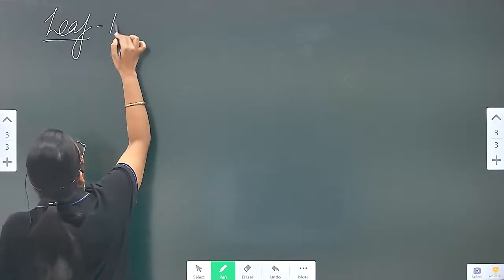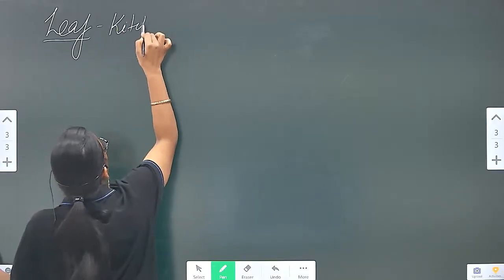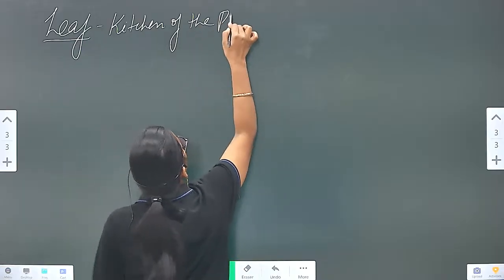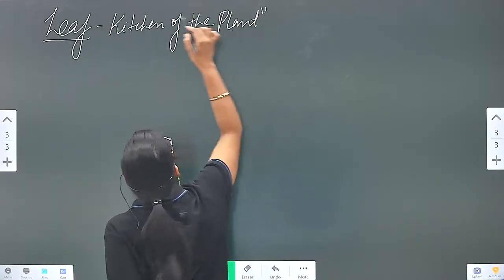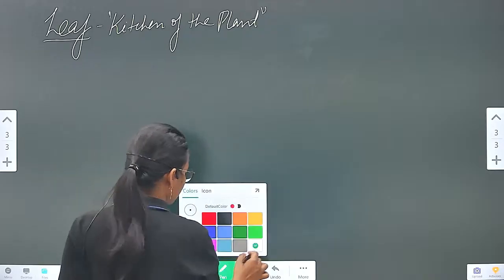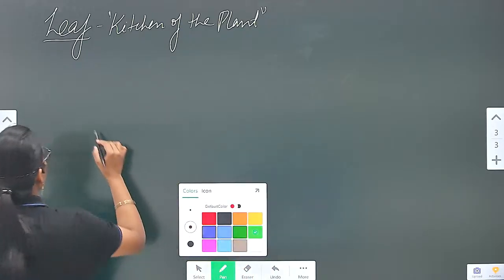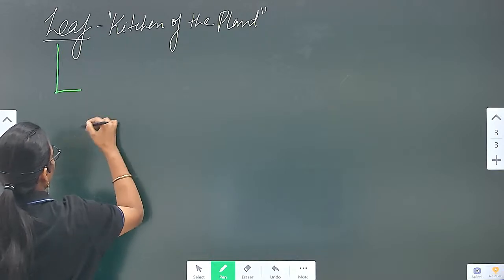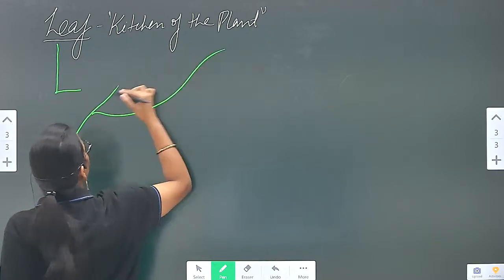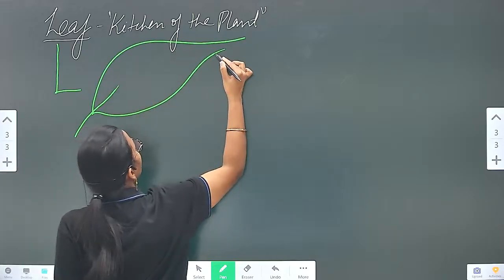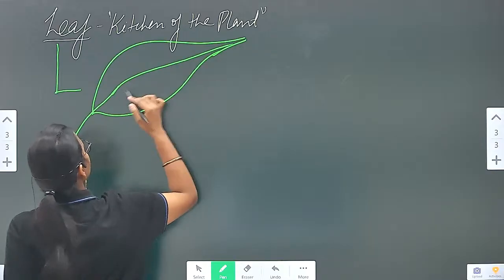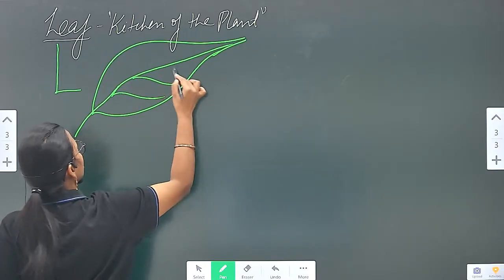Leaf, or the kitchen of the plant. How does the leaf look like? Yes. So, this is the leaf, where this is the midrib, these are the veins.